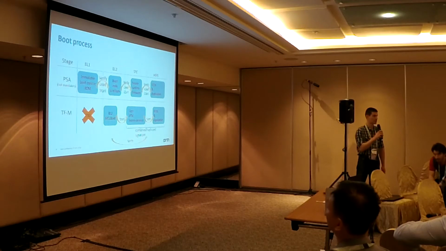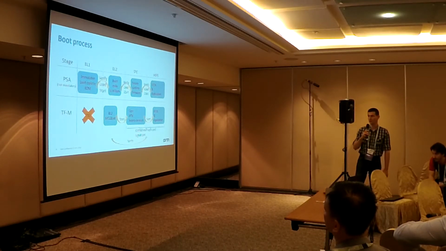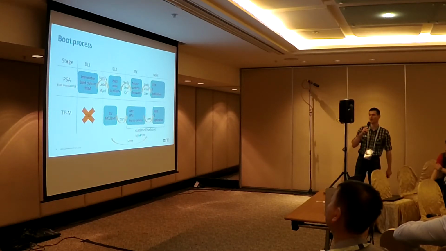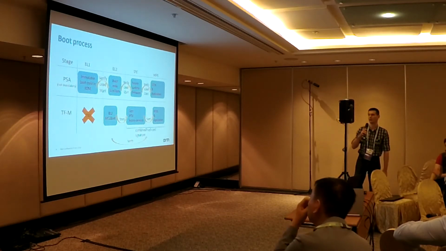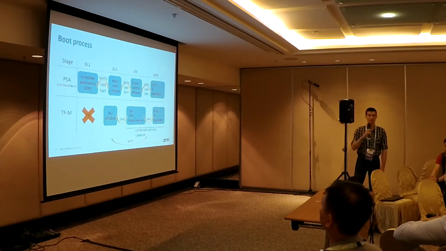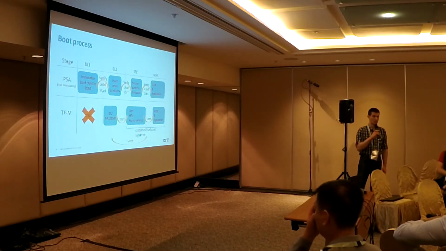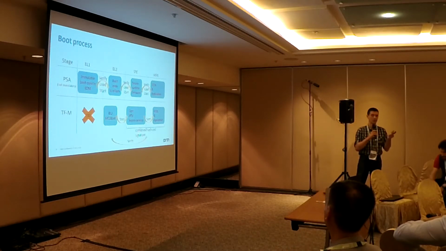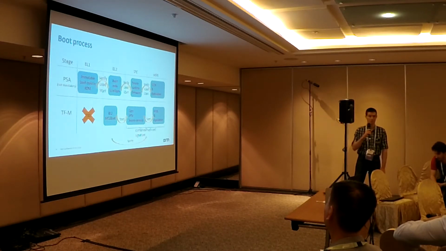We are using MCUBoot as a BL2 bootloader, and the main difference is that we are not signing the secure and the non-secure image separately. Instead, we are combining the secure and the non-secure image into one big binary blob, which gets a signature together.